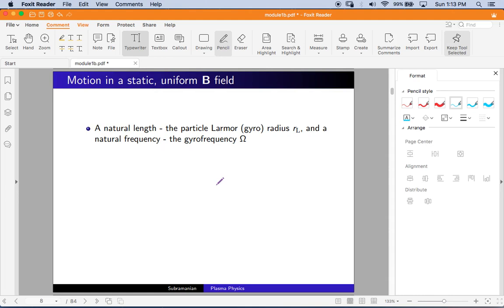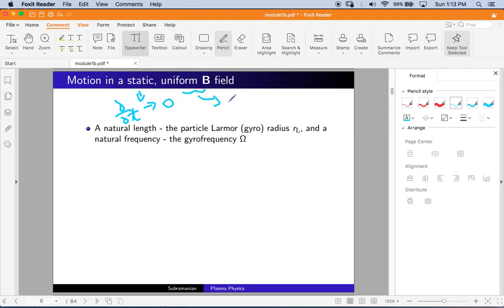Okay, so let us now specialize to the simplest case. No electric fields for now. Motion in a static uniform B field. Static meaning strictly zero time variation.